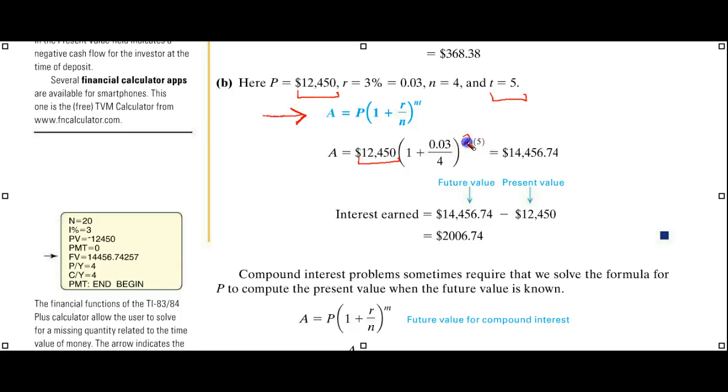So this is going to be to the 20th power there. Again, put this divided by 4, add 1, raise it to the 20th power, times this, and that should give you this. Now that's the future value, the A. We're going to subtract the original principal from it, and we've made $2,000 or a little better in interest earned.